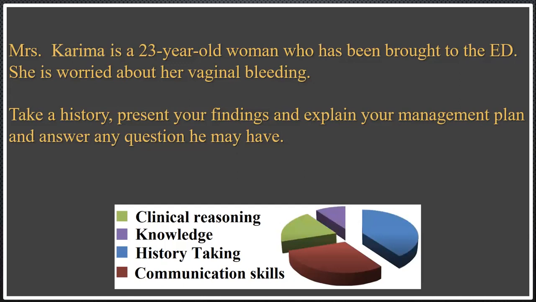No. Shortness of breath? No. Do you have abdominal pain? Yeah, I have some tummy pain in the lower part. Since when? Started with the bleeding? Yeah. Do you have fever or night sweating? No.